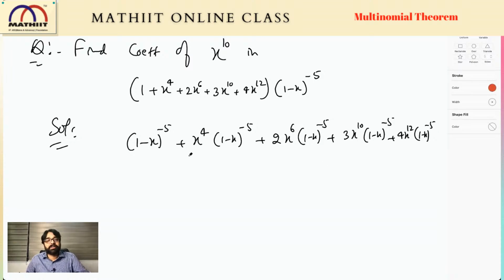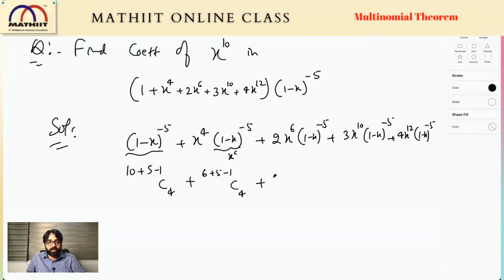Now ask: can you provide me x power 10? Yes, I can provide. 10 plus 5 minus 1, C 5 minus 1, that is 4. Now x power 4 I already have. Can you provide x power 6? Yes, I can provide. So 6 plus 5 minus 1, C 5 minus 1, 4.